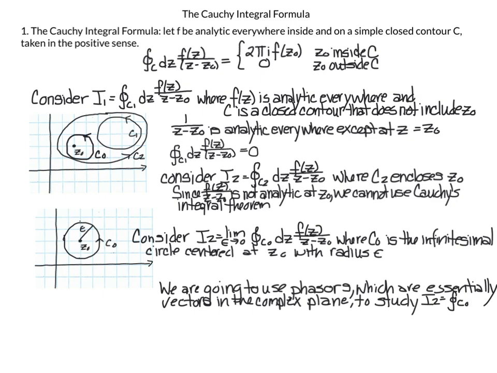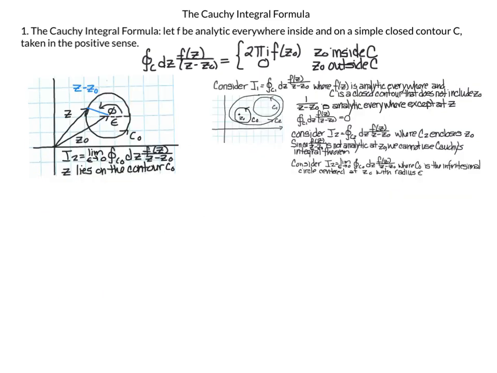So we're going to use phasors, which are essentially vectors in the complex plane, but what a cool name, to study the integral I2 over C0. So here is my drawing. I kind of moved it up so I could draw my phasors. So here's my circle, my C0 contour. I have my z naught.